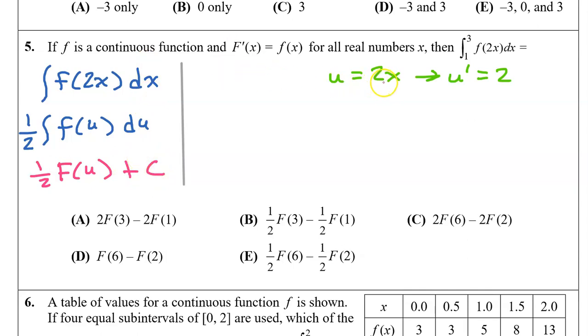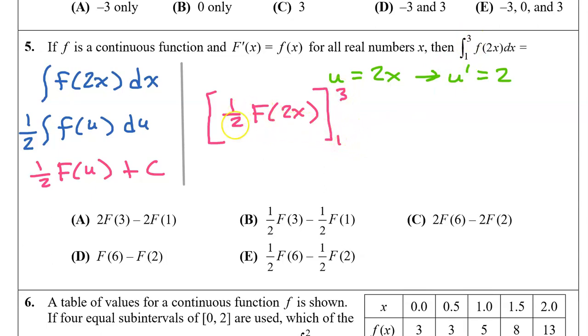So now we will substitute 2x back in for u, and we will turn this back into a definite integral by including the limits of integration. So this will become 1/2 capital F at 2x, and we will evaluate using the original limits of integration, from 1 to 3.